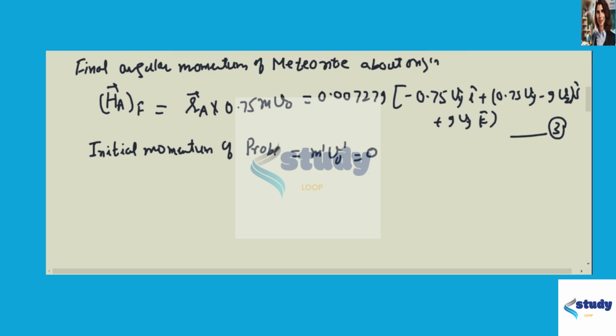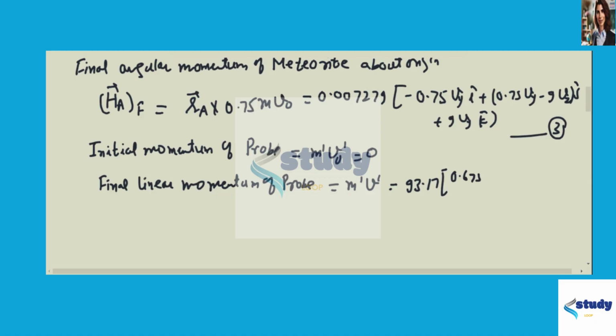Final linear momentum of probe, m dash v dash, can be written as 93.17 into minus 6.75 upon 12.